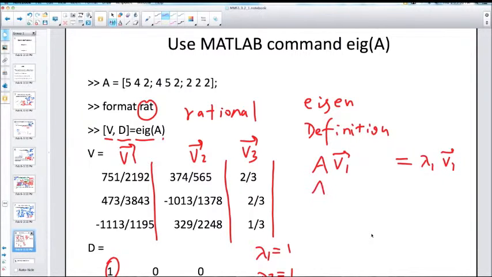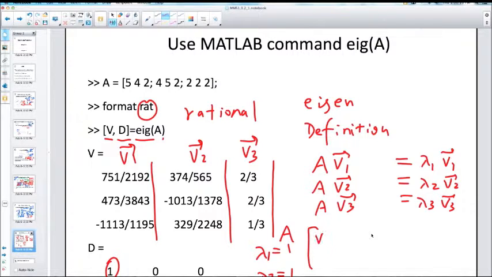And A times V2 equals lambda 2 V2. A times V3 equals lambda 3 V3 by definition. If you put this A on the left, V1, V2, V3 on the right hand, then you can put these 3 equations together into one equation.